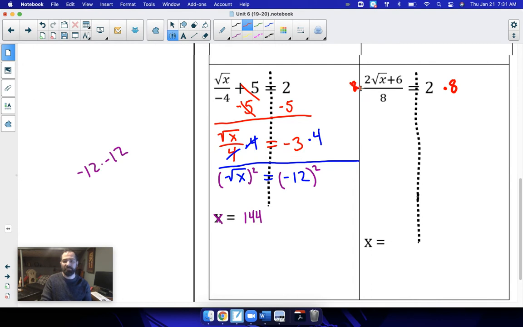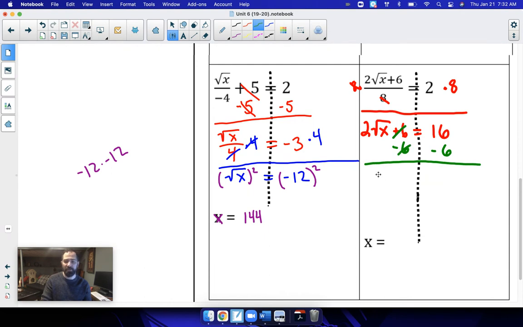8 over here and over here cancel, so we're left with 2 times the square root of x plus 6. Make sure that plus 6 is outside the radical. 8 times 2 is 16. Let's keep going. We've got to get rid of this plus 6 now, so let's subtract 6 from both sides.